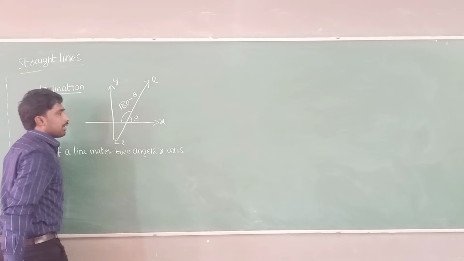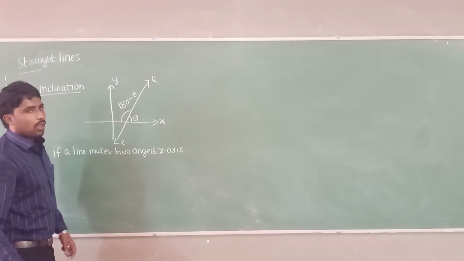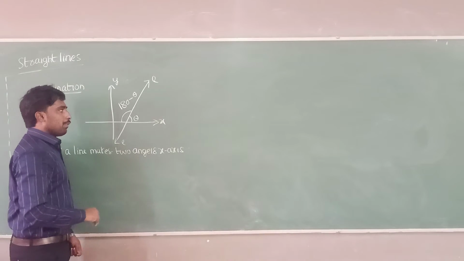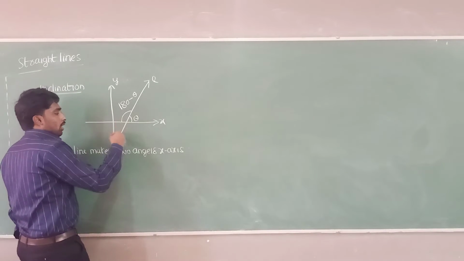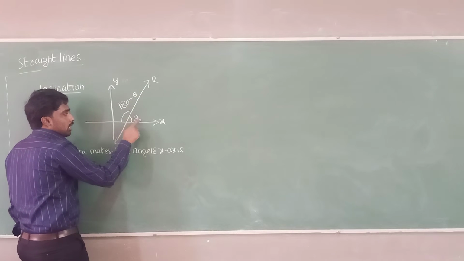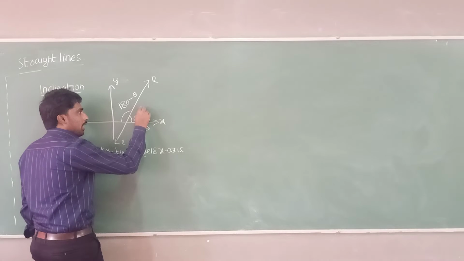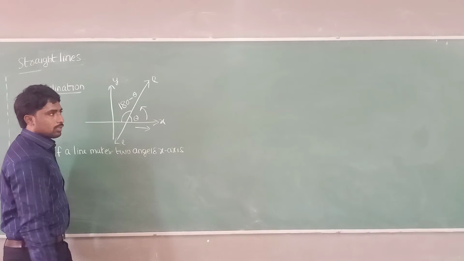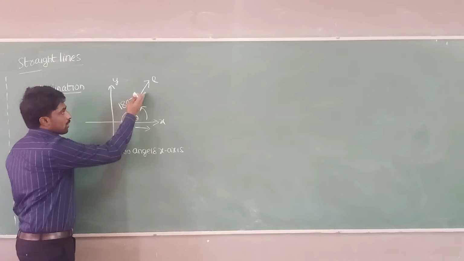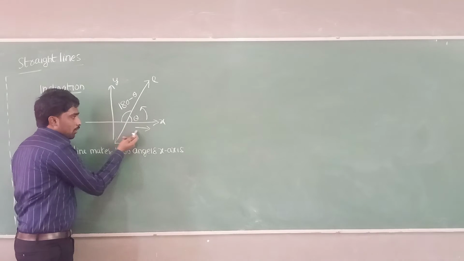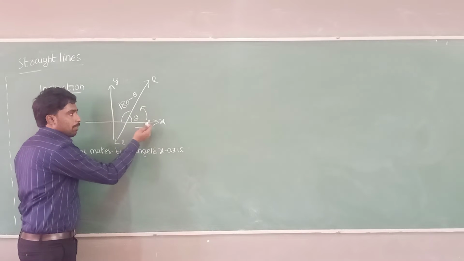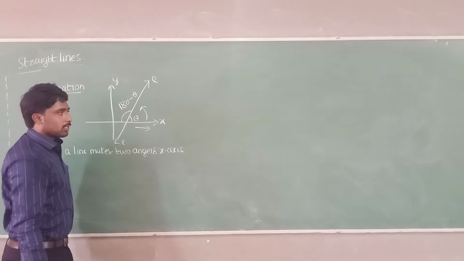Now the definition of inclination, all of you listen very carefully. A line makes an angle theta with the positive direction of the x-axis, measured in an anti-clockwise direction. Once again I am repeating, a line makes an angle theta with the positive direction of the x-axis, measured in an anti-clockwise direction.